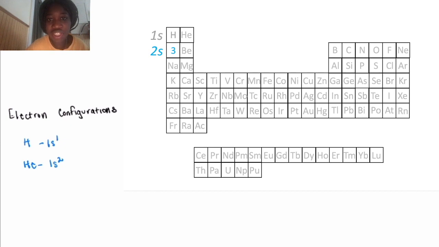And as I said earlier, the s orbital can only hold a maximum of 2 electrons, and these are 2 electrons. And so now we're not at 1s, we're at 2s. And so lithium's electron configuration can be written as 1s2 2s1.